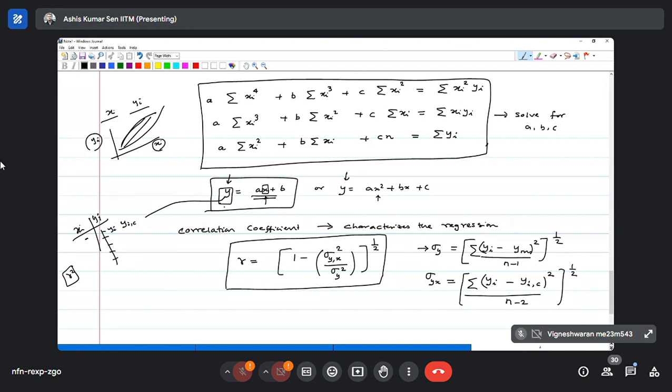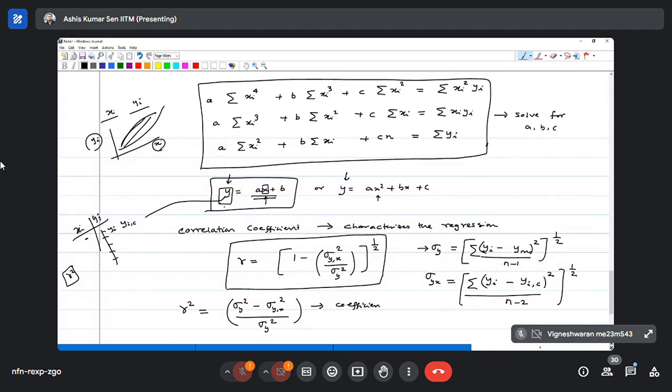So typically, you would have encountered the r square value in Excel. r square is basically sigma y square minus sigma yx square divided by sigma y square.